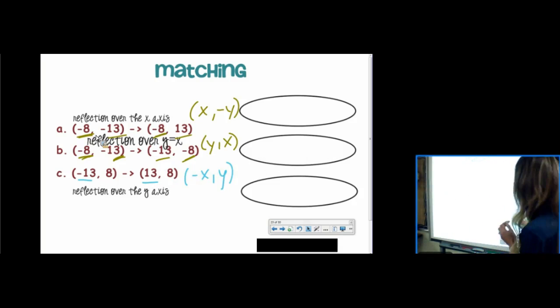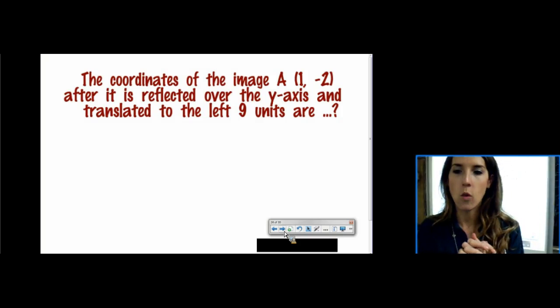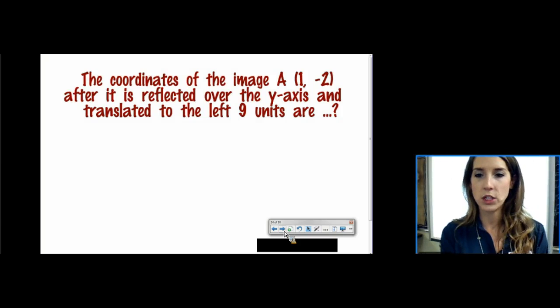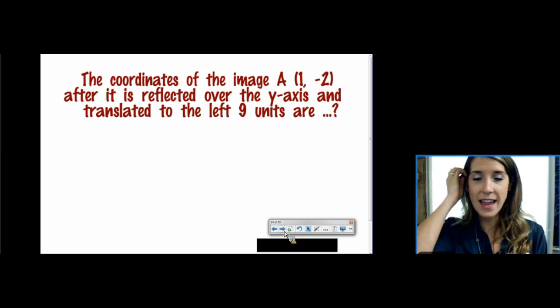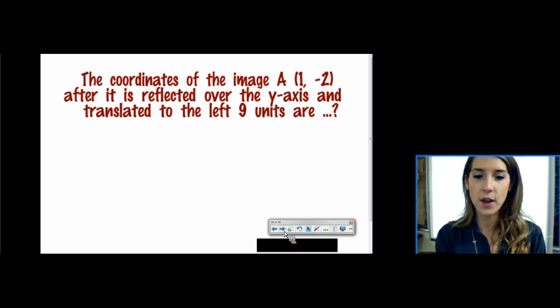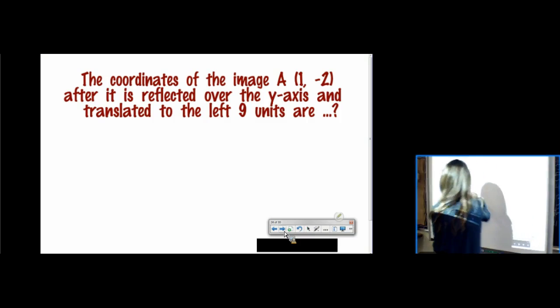Okay, 2 more slides. Ready? The coordinates of the image 1, -2 after its reflection over the y-axis and translated to the left 9 units are... This is called a composition of transformations. It's when you do more than one transformation in one. Okay. So we want to write the rule.